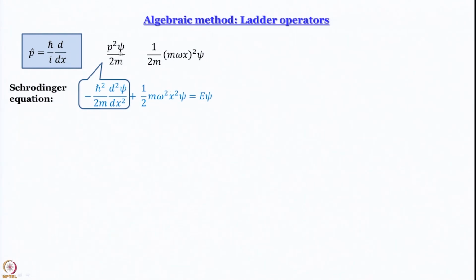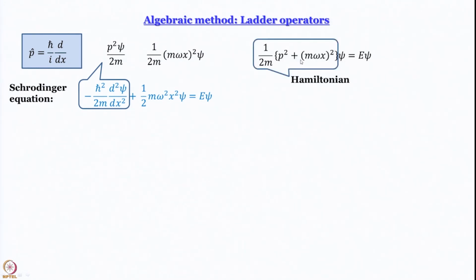Second term, since there is a 1 by 2m here, we take 1 by 2m common from the second term as well, so that you get the square of m omega x operating on psi. So, the Schrodinger equation becomes like this: 1 by 2m, then p square plus square of m omega x, the whole operator. This is the Hamiltonian. This Hamiltonian operates on psi to give you E psi. So, what we have done essentially is that we have rewritten the Hamiltonian in terms of the linear momentum operator.